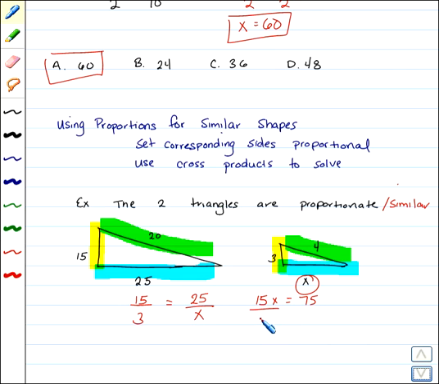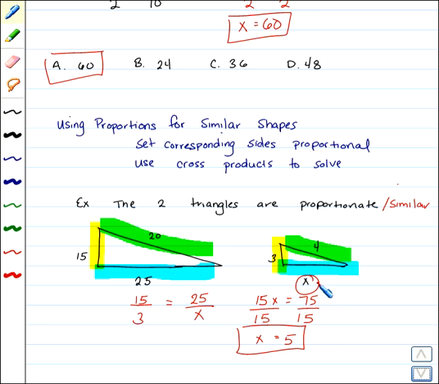Okay, now we divide both sides by 15, and we're going to get x is equal to 5.